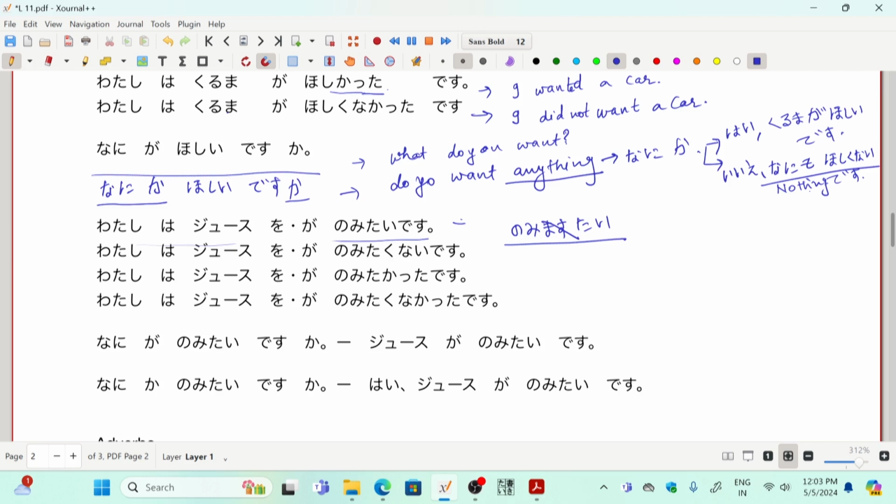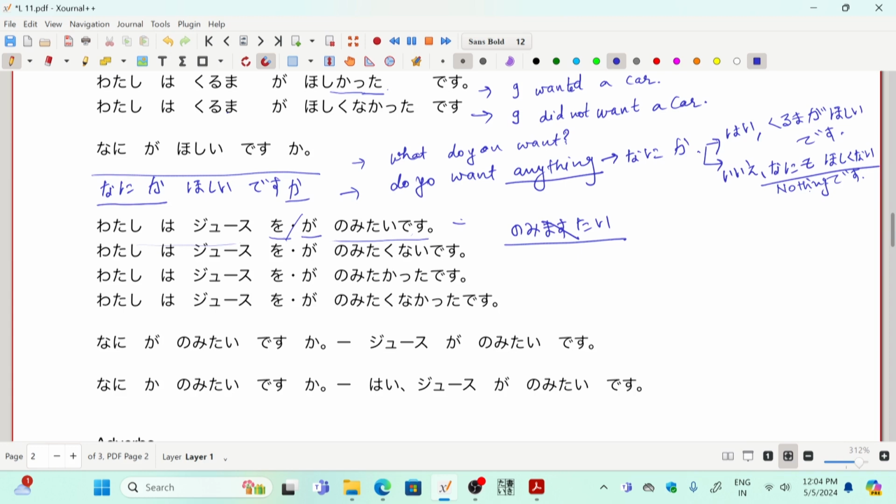So when we say watashi wa juice o nomitai desu, it can also be said as juice ga nomitai desu. Both are okay, correct. Both will mean the same. I want to drink juice.